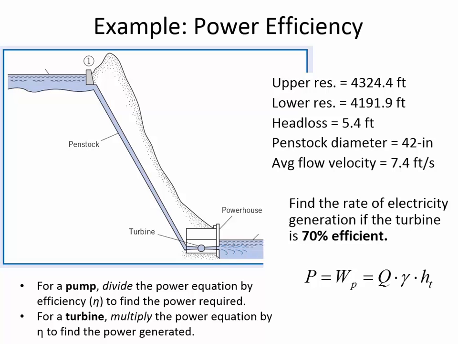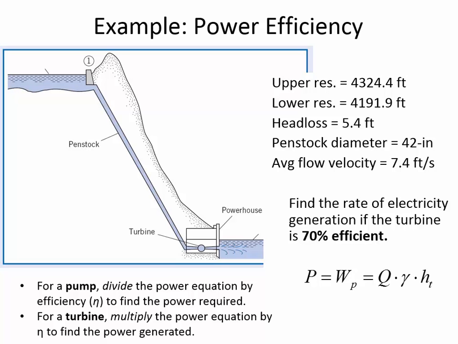It's going to be pi d squared divided by 4 to get the area, and then multiply that by the velocity, 7.4 feet per second. So the flow rate is 71.2 cubic feet per second. I was just applying the continuity equation to find Q.